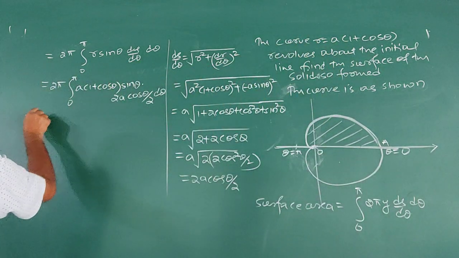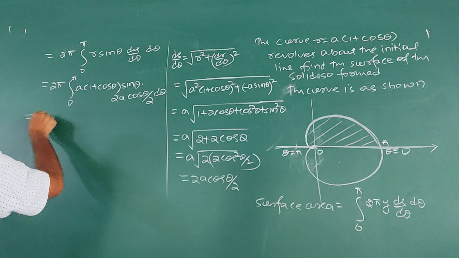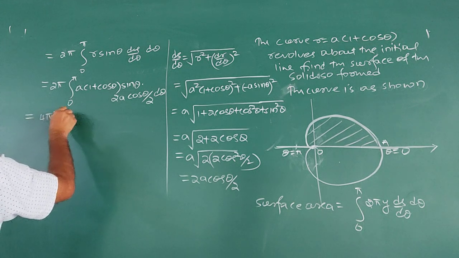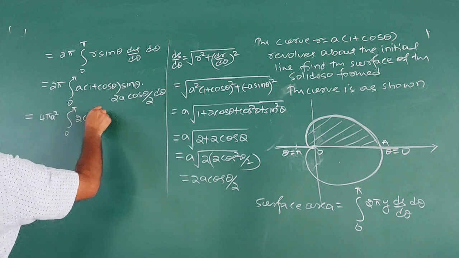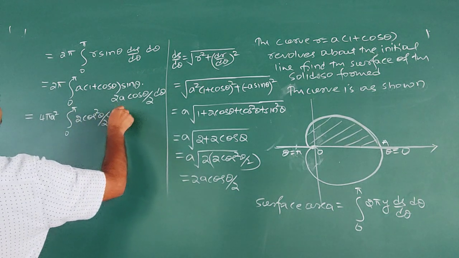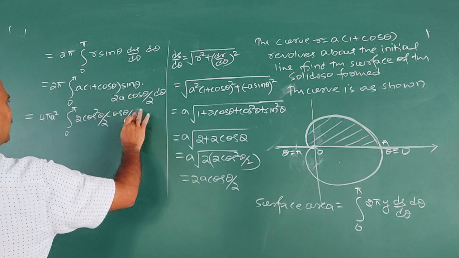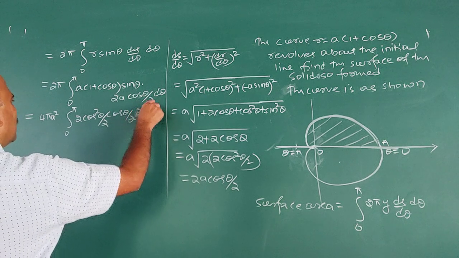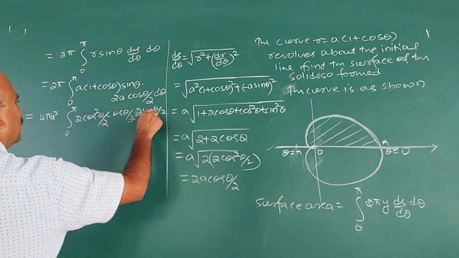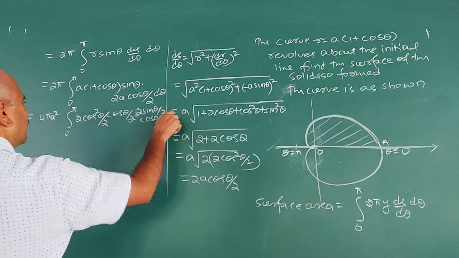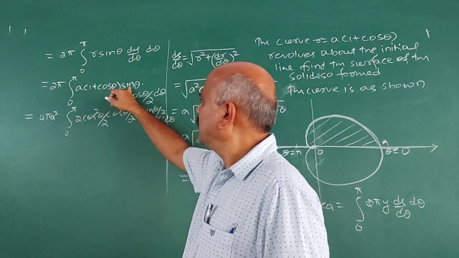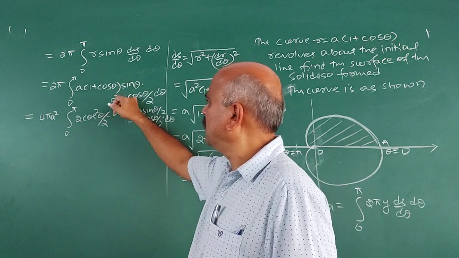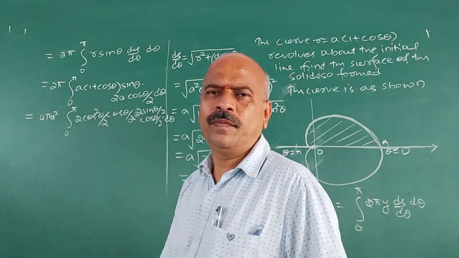So, what is this? 4 pi a square integral 0 to pi, 1 plus cos theta is 2 cos square theta by 2, cos theta by 2, sin theta is, I write sin theta as 2 sin theta by 2 into cos theta by 2 d theta. See, this 1 plus cos is 2 cos square, sin is 2 sin theta by 2 cos theta by 2 and this cos theta by 2.